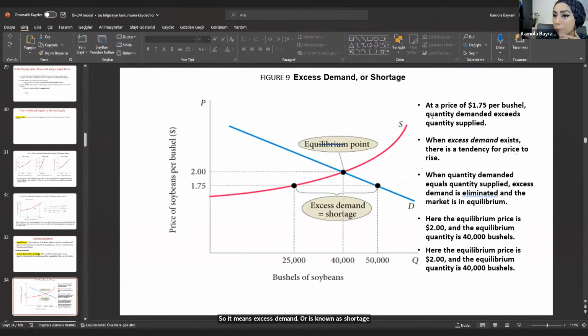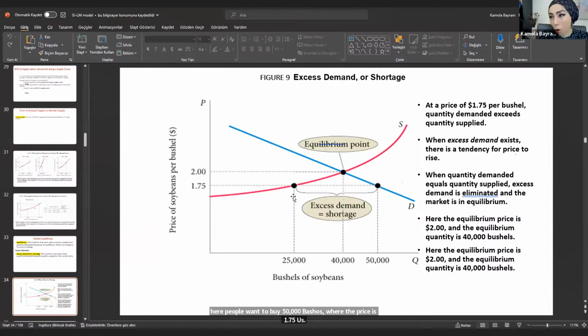Now, here, for example, at a price of $1.75 per bushel, quantity demanded exceeds quantity supplied. So when the price is 1.75, people demand more compared to the supply, right? So this red point is supply, the black point on the blue line is demand. Here, people want to buy 50,000 bushels when the price is $1.75 per bushel.